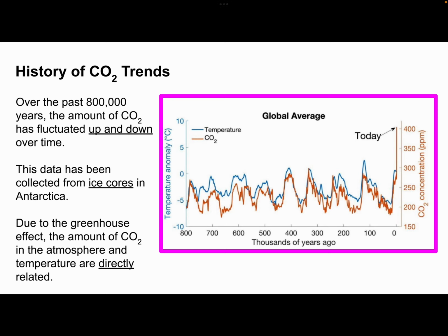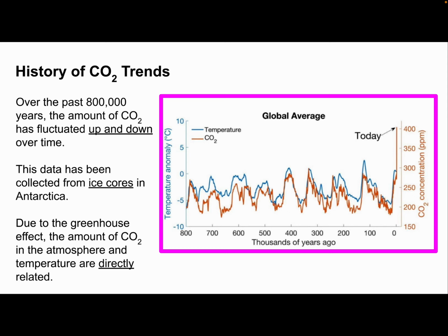Okay, now due to the greenhouse effect, the amount of CO2 in the atmosphere and temperature are directly related. We see in this graph, the blue line and the red line, how the temperature follows the amount of CO2 in the atmosphere.